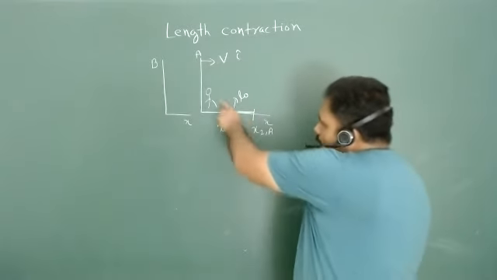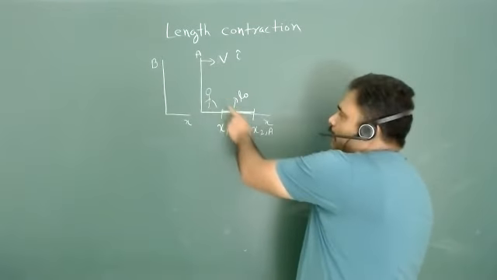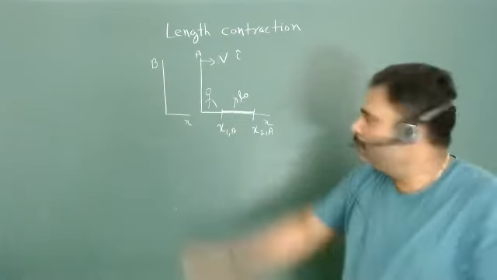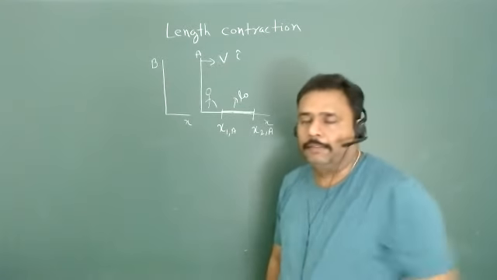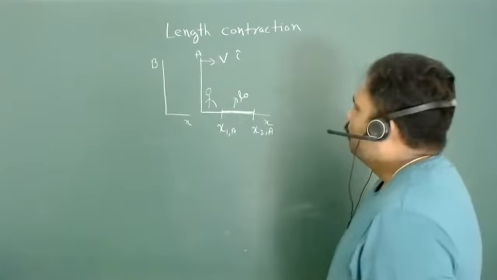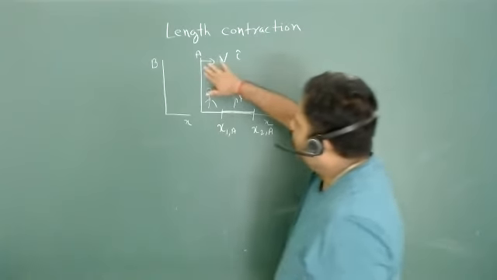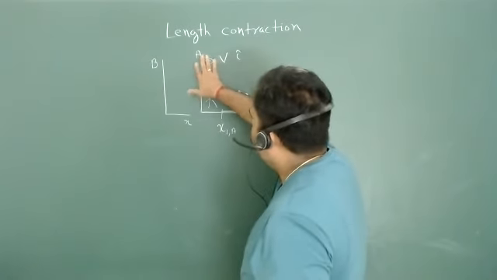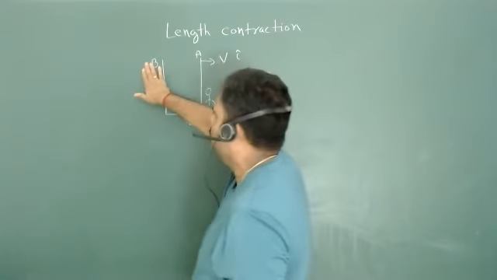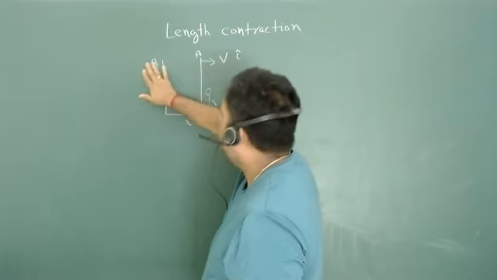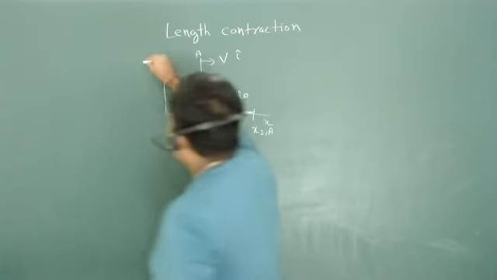Since there is no relative speed between this observer and this length, he will measure the proper length.